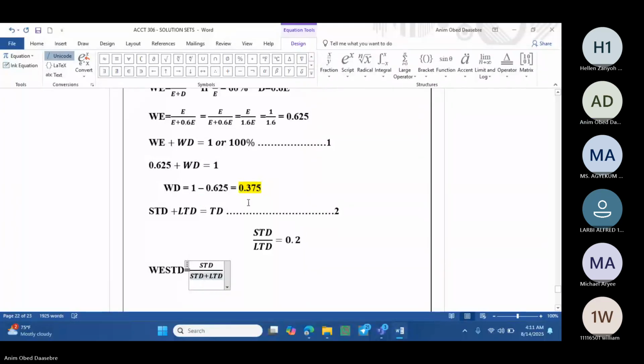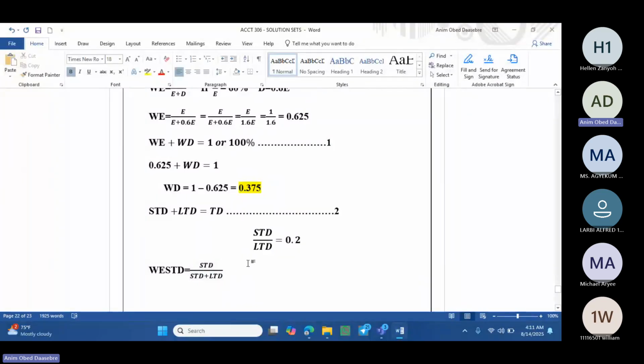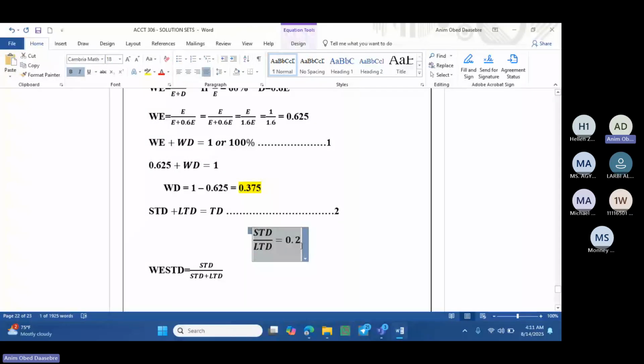Right. So that is the rate of short-term debt. So out of this, you have to also establish the same thing that we did for the debt to equity ratio. Out of the ratio that they are giving to us in the question, you need to find the short-term portion of that.